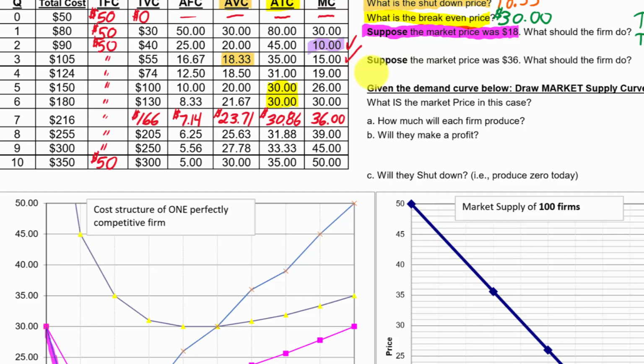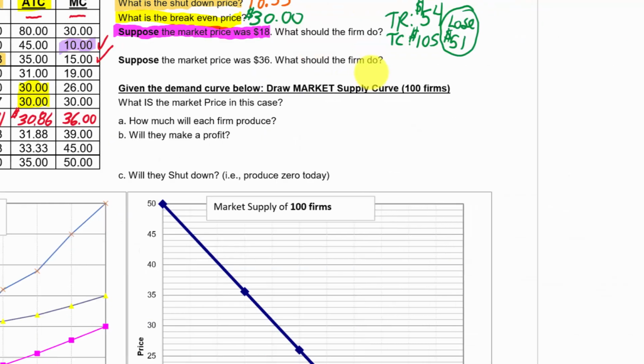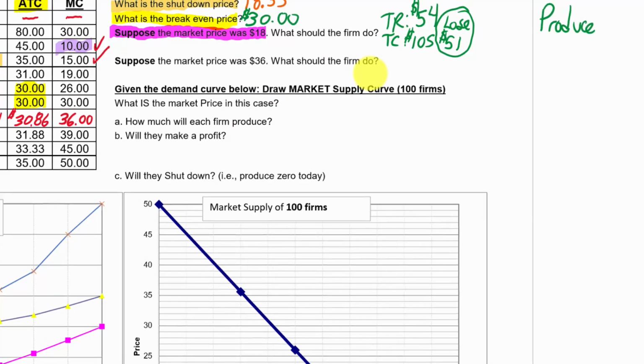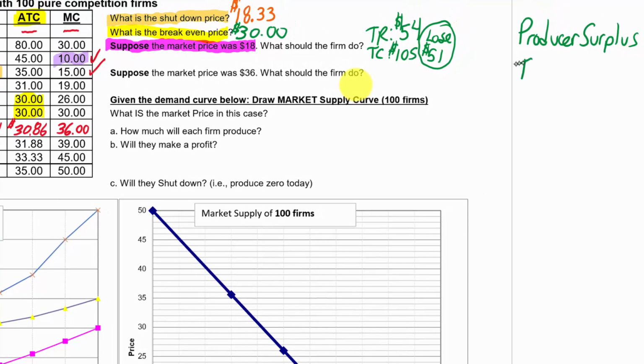Now, let me spend one more minute just explaining why this is. Let's think about this in terms of producer surplus. Let's calculate what's going on here that way. Remember, the idea of producer surplus is total revenue minus variable costs. In this example, total revenue was $54, or that 3 times 18.